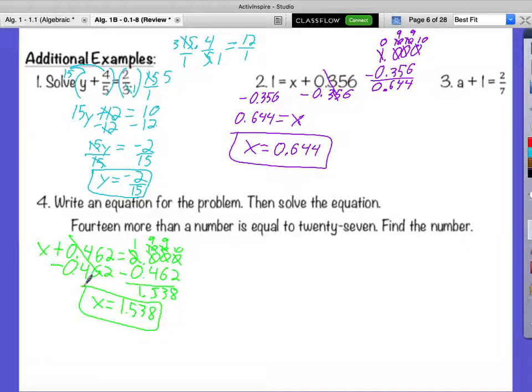Think of it as anything over 1, so put 1 over 1. How could you turn that 1 into a 7? Multiply by 7. So we multiply the bottom by 7, what do we multiply the top by? It's 2 over 7 minus 7 over 7.